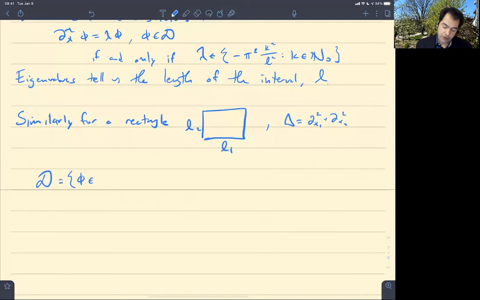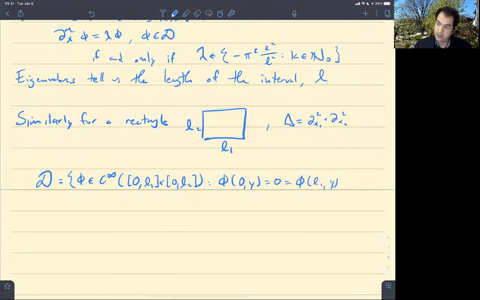We're looking at all of the phi that are smooth functions on the rectangle, such that phi of 0, y is equal to 0, that's equal to phi of L1, y, for all y between 0 and L2, and phi of x comma 0 is equal to 0, and phi of x comma L2 is equal to 0 for every x in the interval 0, L1.